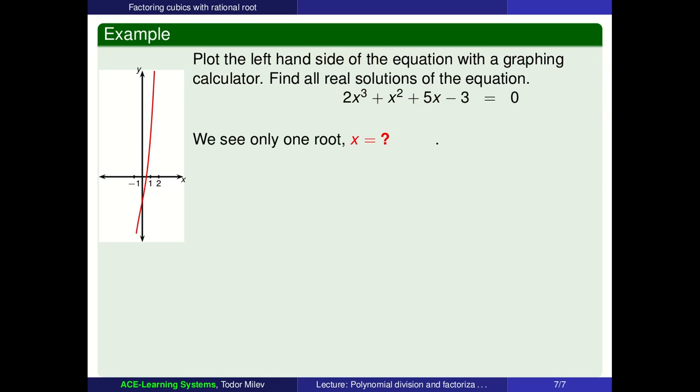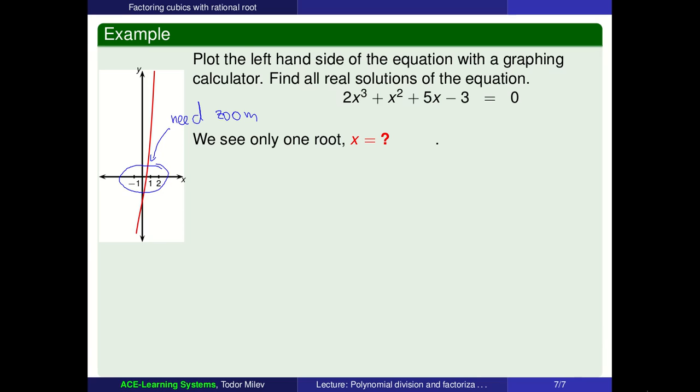Okay, on this picture we see only one root. Now, can we eyeball that root? Now, here it seems that I need to zoom in. So, need zoom. Now, when using your own graphing calculator, you may run into the same problem, that it is difficult to see where exactly the graph of your function intersects the x-axis.